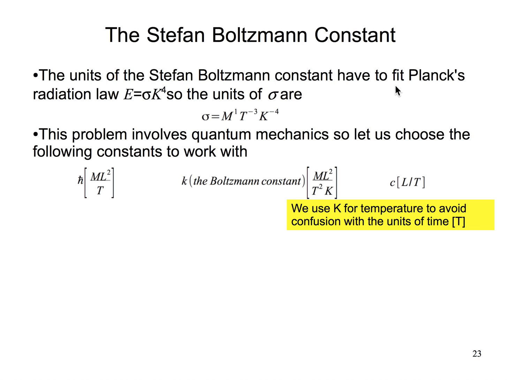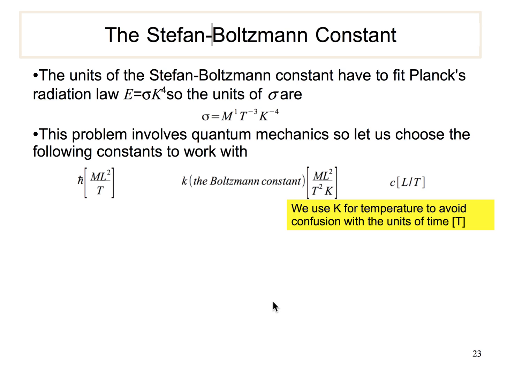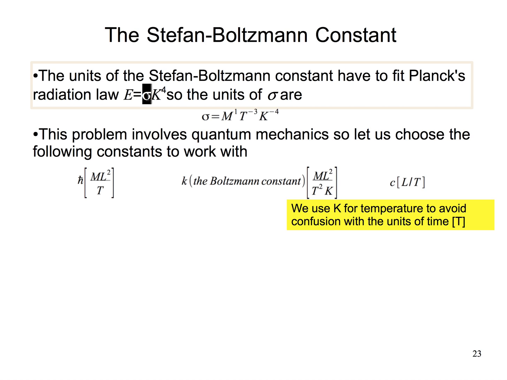So here's the Stefan-Boltzmann constant, and by the way, that's two guys, so we'll hyphenate it. It's not that the guy was named Stefan Boltzmann. It's two people. We wanted to develop this concept because it's critical in understanding Planck's radiation law, where the total energy emitted from a black body over all wavelengths is equal to the Stefan-Boltzmann constant times the temperature of the black body to the 4th power.